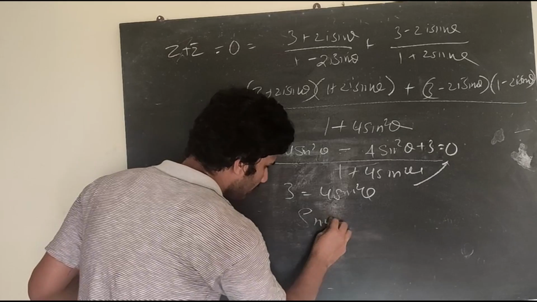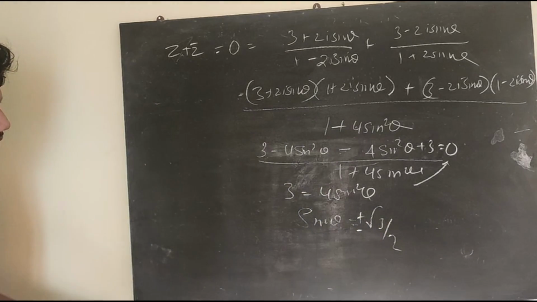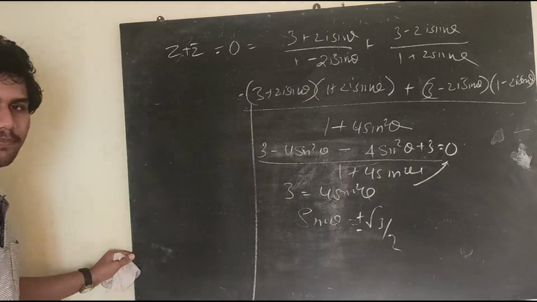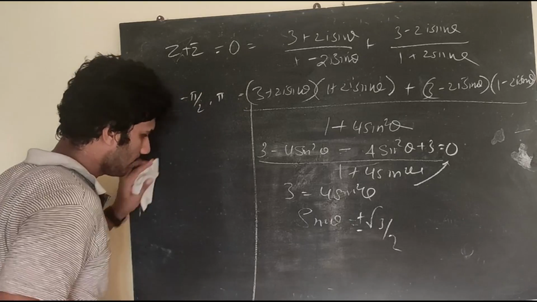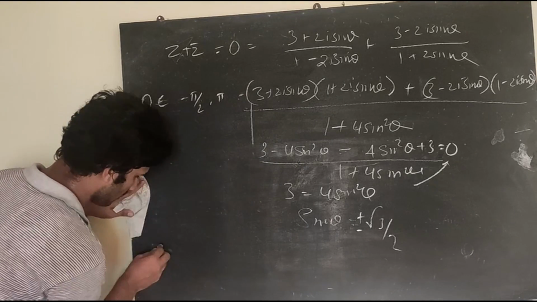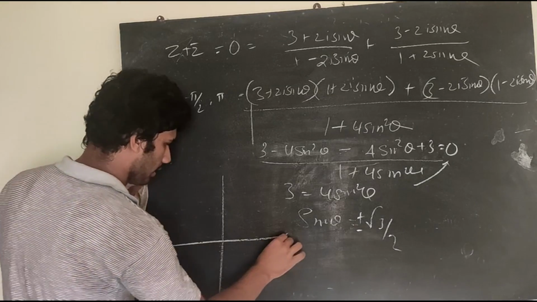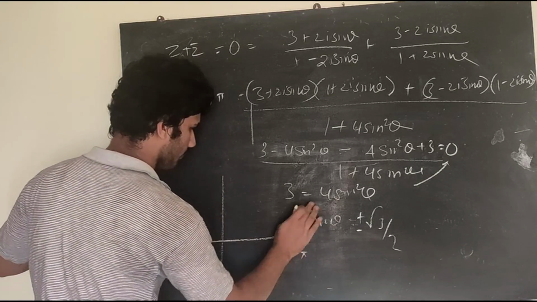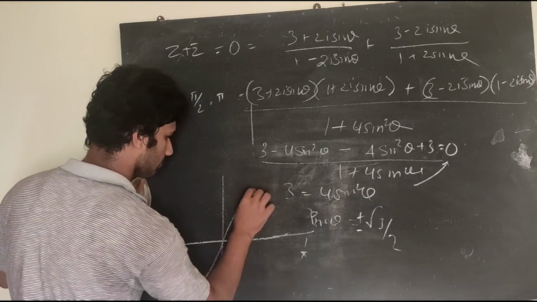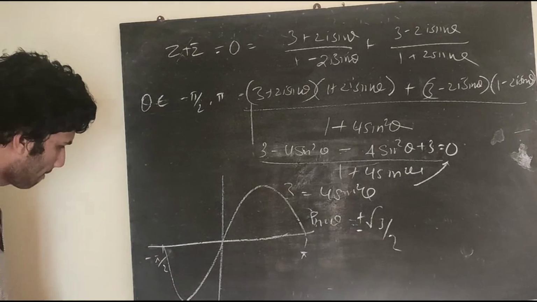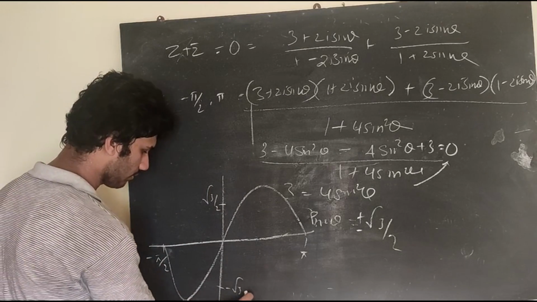That means sin θ is equal to plus minus root 3 by 2. Now you are given that θ belongs to minus π/2 to π. Let us visualize that. This is my minus π/2, and here somewhere I have π. My root 3 by 2 is somewhere here, and minus root 3 by 2 is somewhere here.